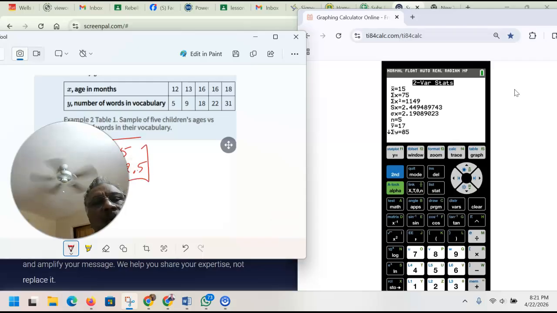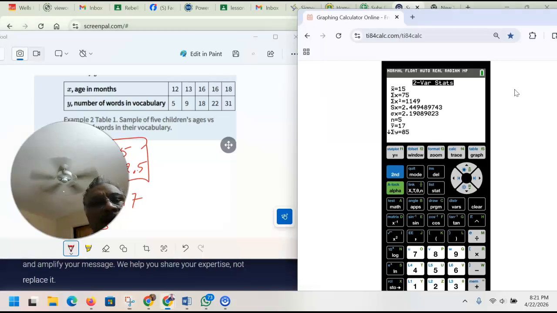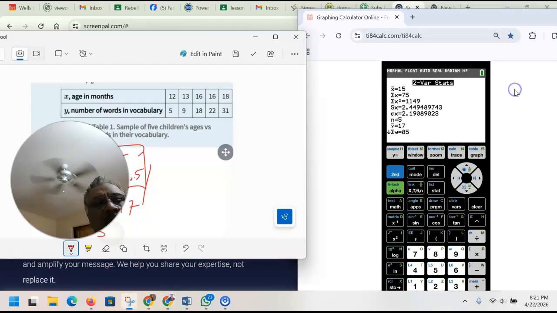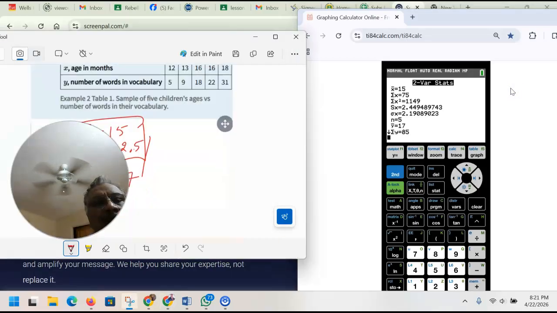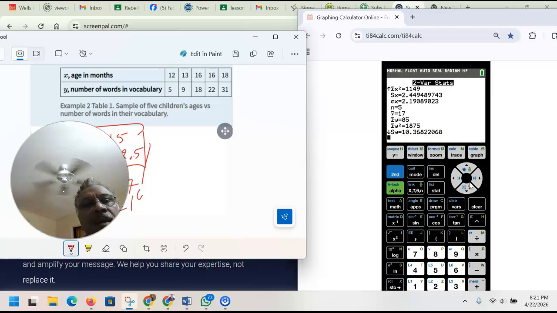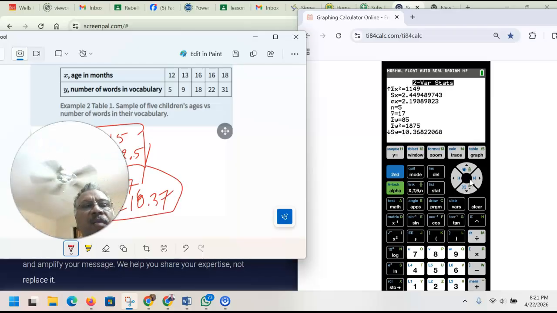So this is for x, and y bar, the mean of y, is 17, and the standard deviation of y is, I'll have to scroll down, 10.37. So these are the main pieces that we need.